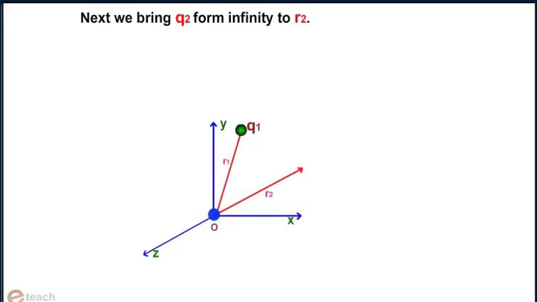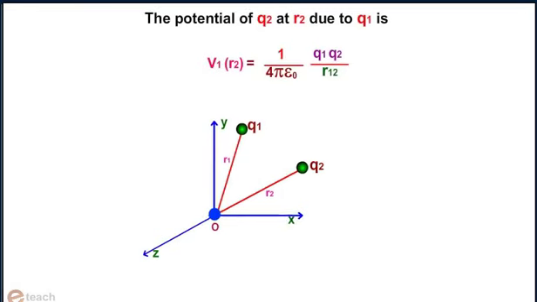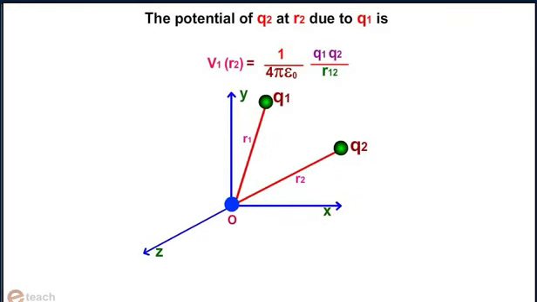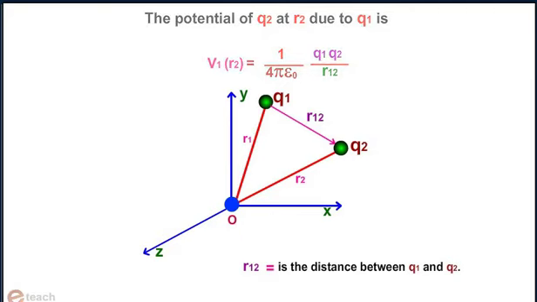Next, we bring q2 from infinity to r2. Then the potential of q1 at r2 is V1 equals 1 by 4 pi epsilon naught q1 divided by r12, where r12 is the distance between q1 and q2.